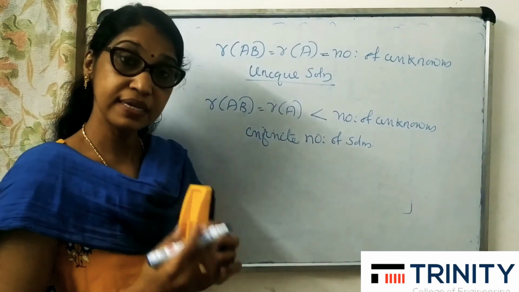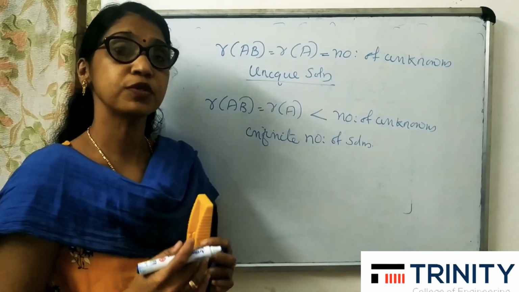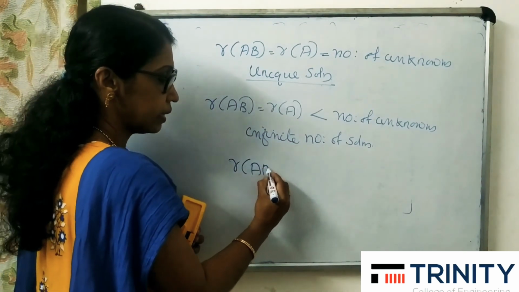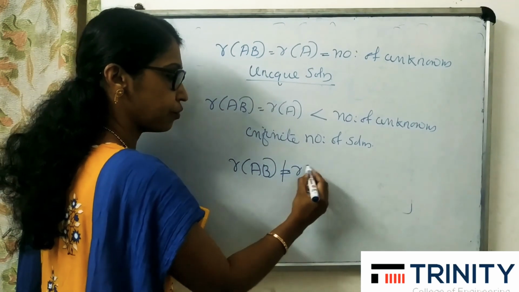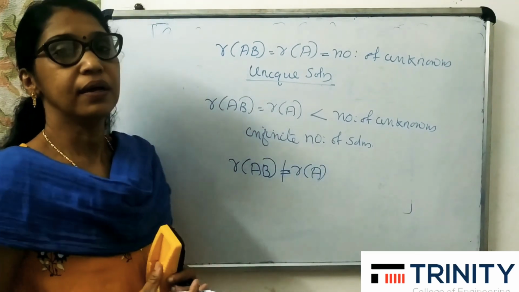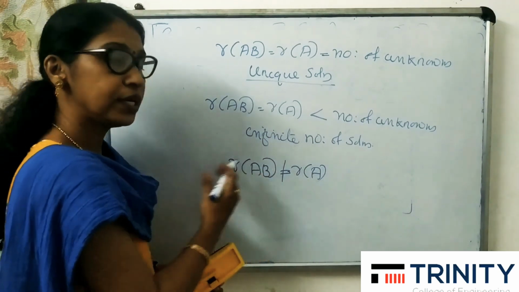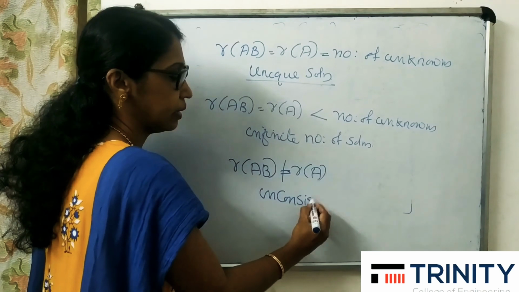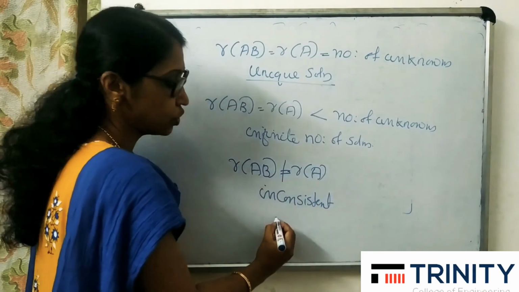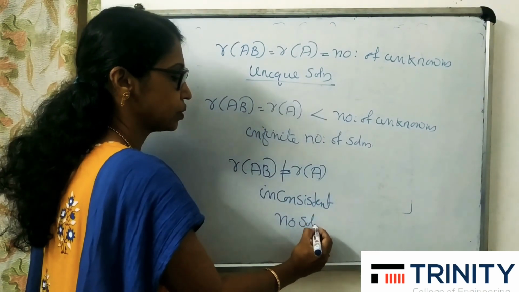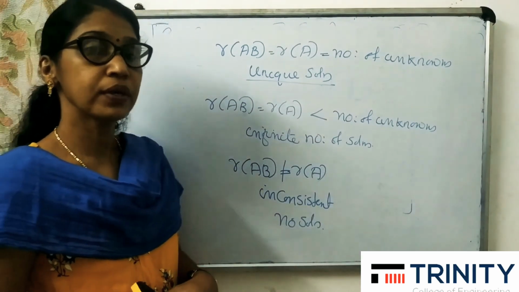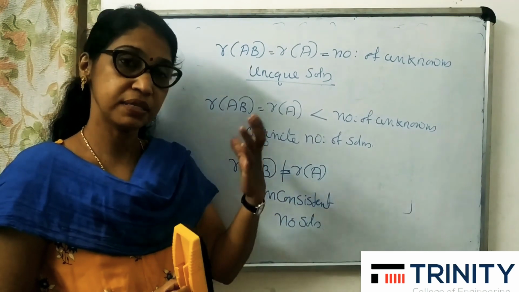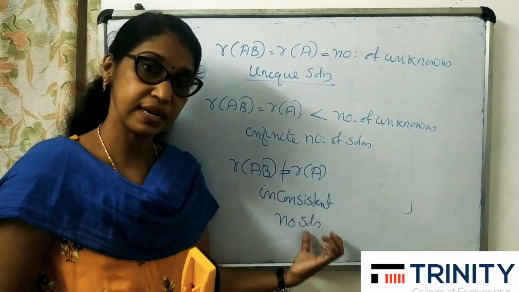Then the system is inconsistent, that is, the system will never possess a solution if the rank of AB is not equal to the rank of A. That means no solution. So these are the three conditions, that is, consistency and inconsistency: when the system is consistent and when it is inconsistent.